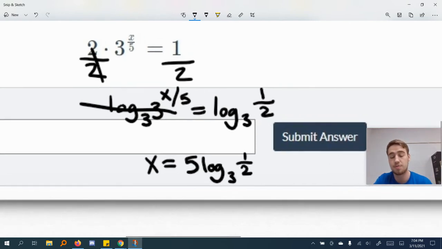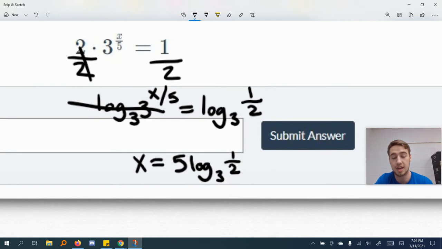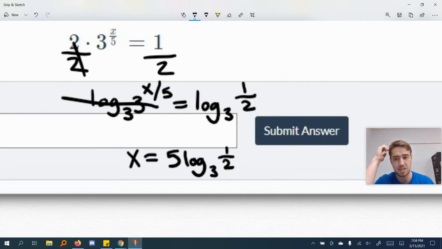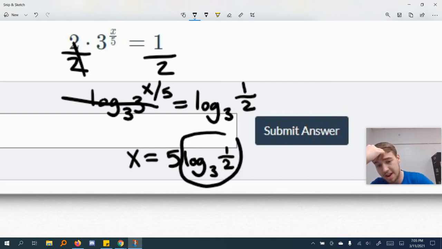So now we can go ahead and rearrange a couple of things. To get log base 3 of 1/2, you can divide log of 1/2 by log of 3.